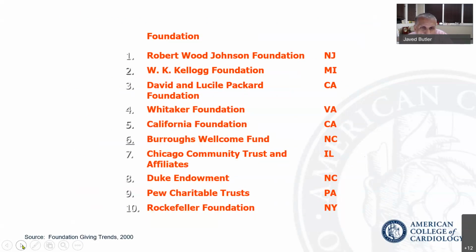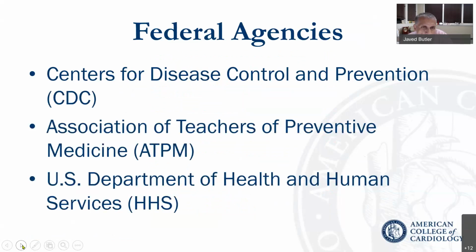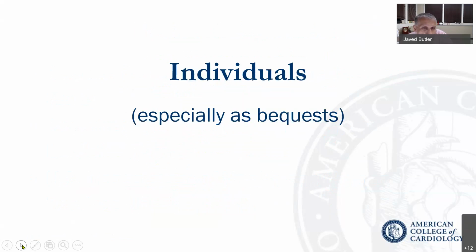So again, tons of endowment out there from these private organizations. Please look for research there. CDC has grants, Department of Health and Human Services has grants. They have a little bit of different tone. There are actually rich individuals who leave some of their money for different funds for research.